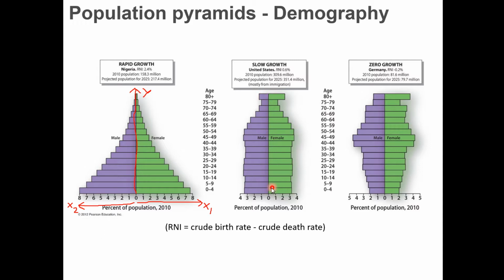So the United States is an example of a very stable population right now, where the rate of increase is really very low, 0.6%, which is the difference between the crude birth rate and the crude death rate. So the number of people dying in any one year, compared to the number of people born in any one year, gives you the rate of natural increase as 0.6.